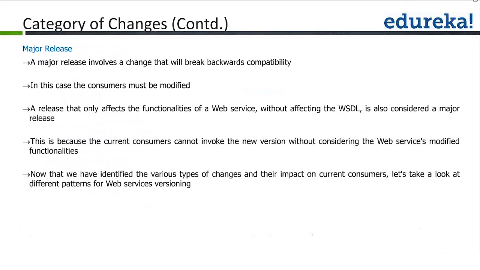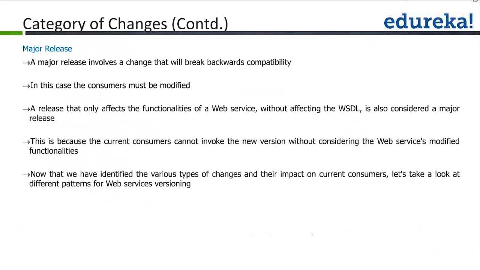Now what could be that major change? Just try to understand that in this case the consumers must be notified. Now this change may or may not be a non-backward compatible change. They may have changed something which the existing client should be notified of by any means, because they may have to stop using the service. They may start getting errors if they are not notified and if they do not incorporate those changes at their end.